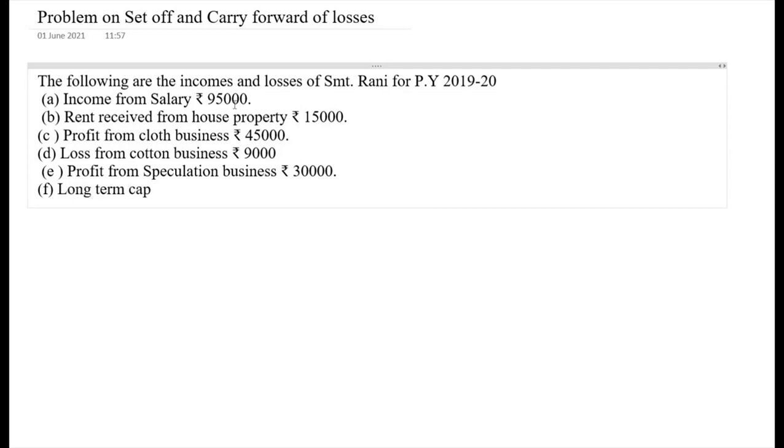Long-term capital gain, rupees 14,500. Short-term capital loss, 9,000.